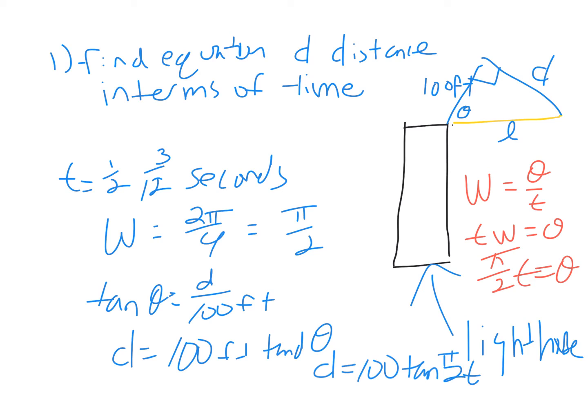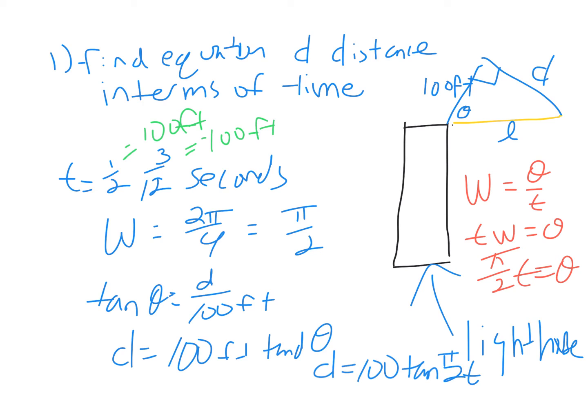So your d will be equal to 100. And then if we put 3 over 2 in, that will simplify to 3 pi over 4, which will get us -1. And then -1 times 100 will just get us -100. So when we put 3 over 2 in, we'll get -100 feet.